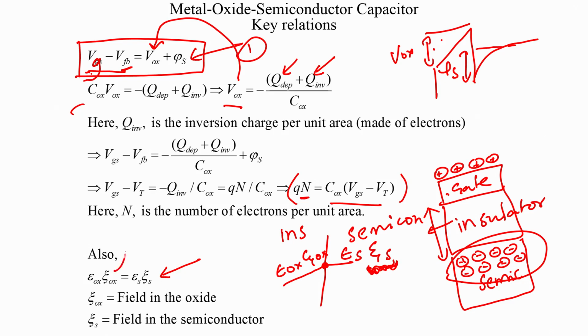And what is the electric field in the oxide? It is simply going to be your Vg minus phi s by T ox in a very crude sense, if there are no trap charges in the oxide, etc. So, therefore, you have two relations with phi s in it and you solve for phi s, and these are not easy equations to solve.